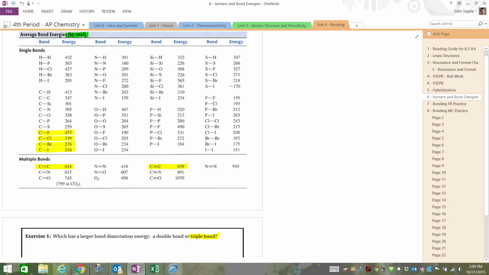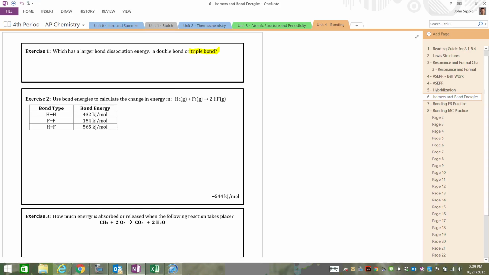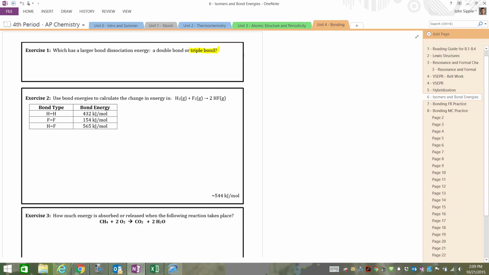All right, so let's do a few calculations here. On the next page, is this the table you were looking at? When we do this, remember it's always reactants minus products. For H2, we've got 432.